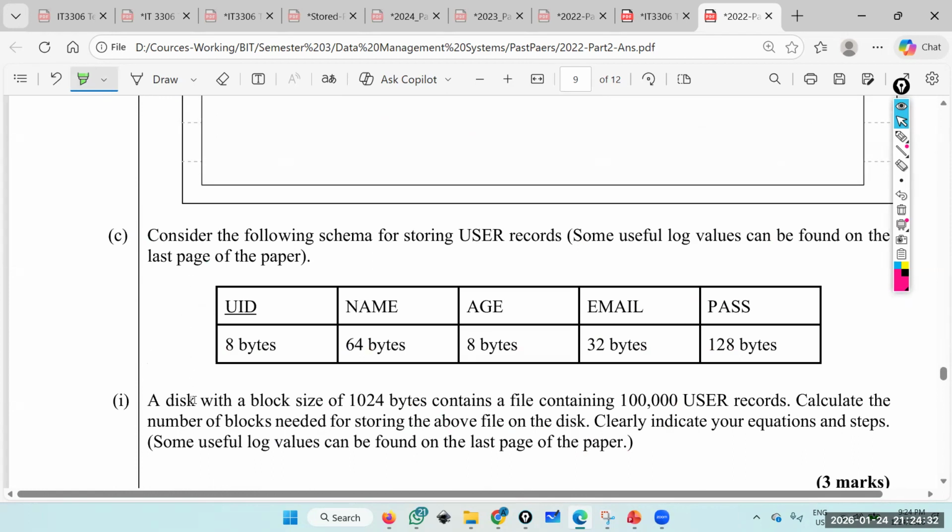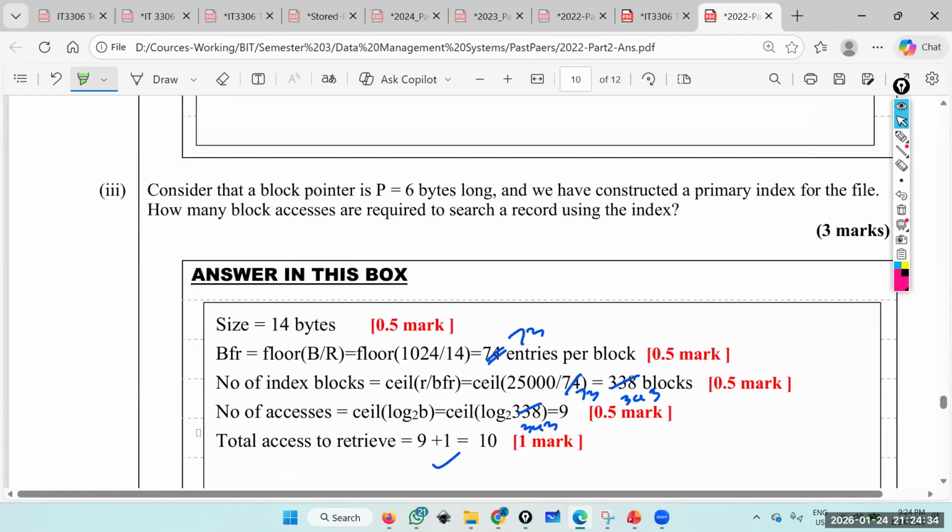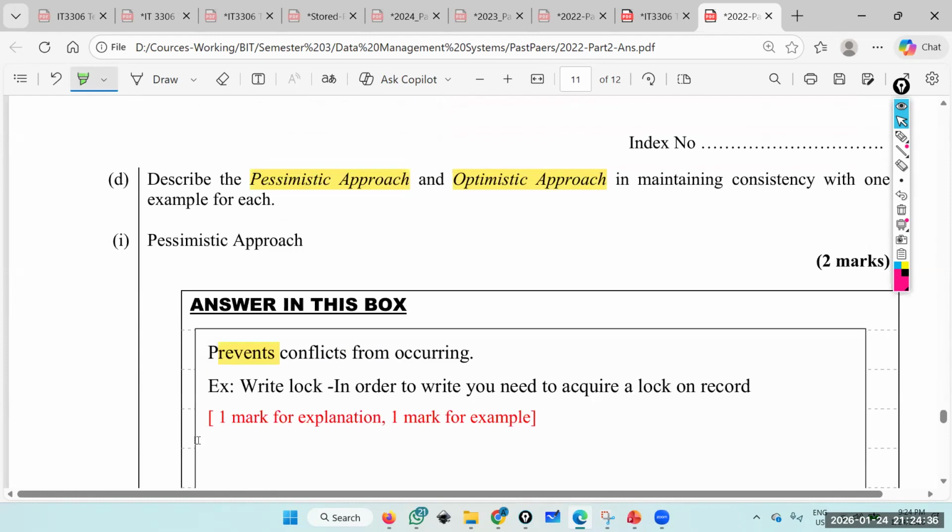Right, so this is index calculation. We can do D. Remember optimistic approach, pessimistic approach.